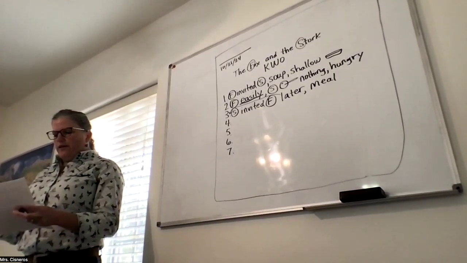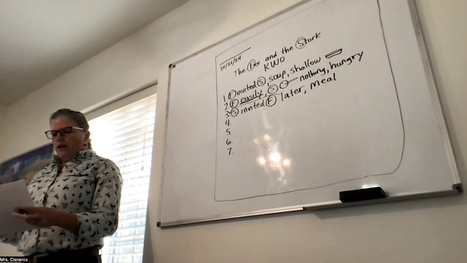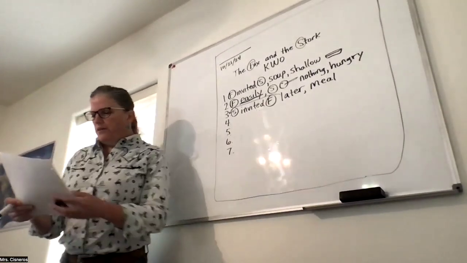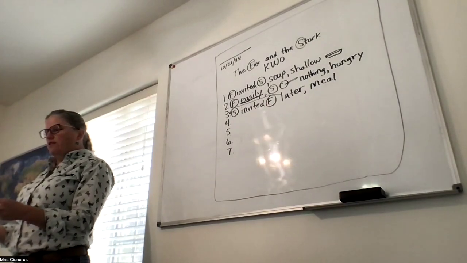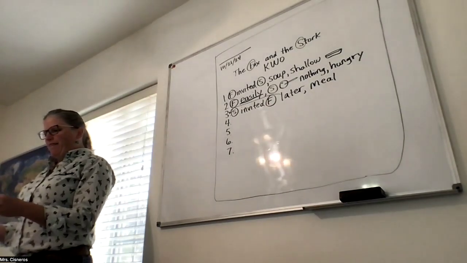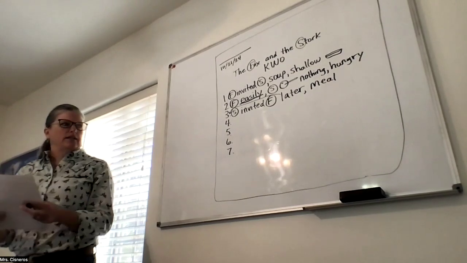So you should circle later and then invited and meal in that sentence. You guys got that? Good. Weston, do you want to do the next one? I'm just writing invited. Okay, go ahead and finish writing invited.